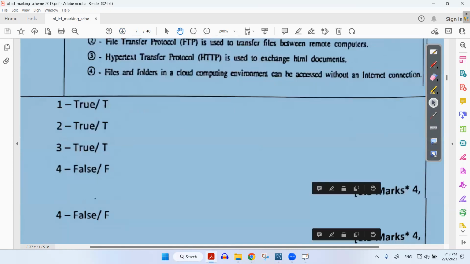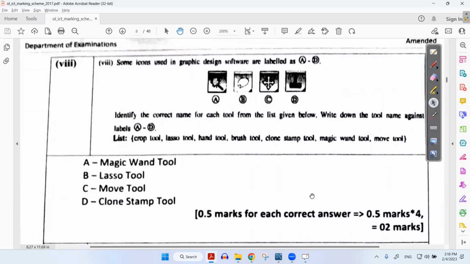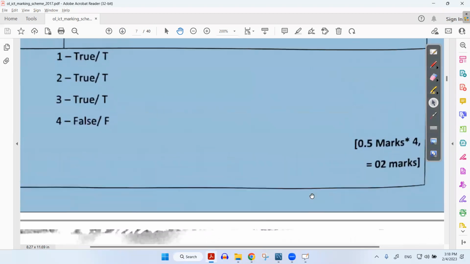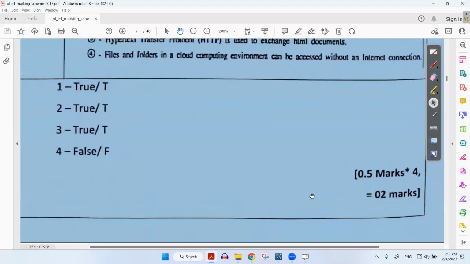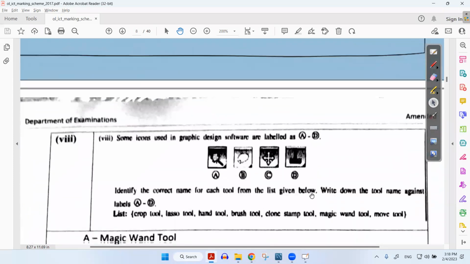Right. Then the eighth one. In here, 0.5 marks for the correct answer. You can use true or T or false or F. Right?